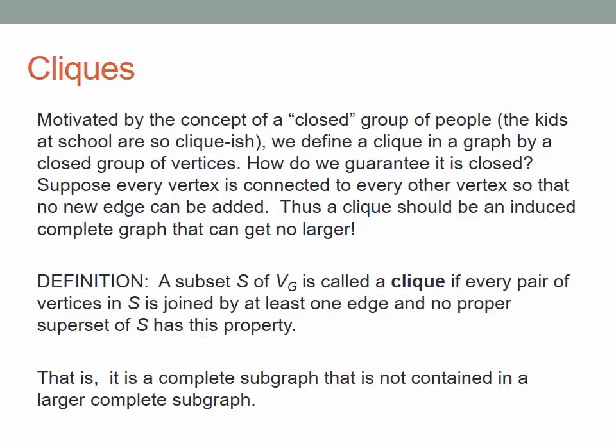So what that means, simply, is it's a subgraph that's complete, because every pair of vertices is joined, so it's a complete subgraph. And it's not contained in a bigger complete subgraph. So for instance, if it's a K3, it's not contained in a K4.